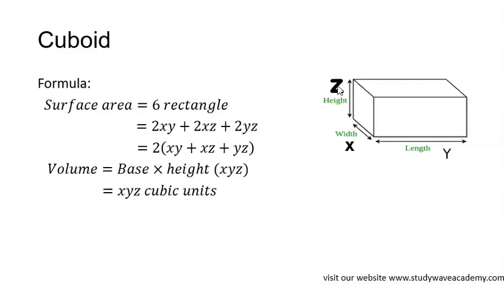To calculate the surface area of a cuboid is the width times the length plus the width times the height plus the length times the height. And to calculate the volume of a cuboid is the base times the height, right? The width times the length times the height. Okay? So we're going to be looking at some examples to help us understand how to use these formulas.